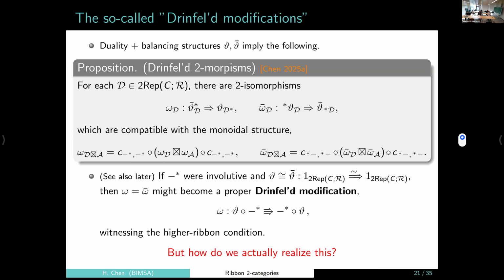Remember, the ribbon structure is theta of D star equals theta of D dual. And when you categorify, you expect a two-morphism to witness that, right? So when you somehow can identify theta and theta bar, then you win essentially, in which you have these so-called Drinfeld modifications.